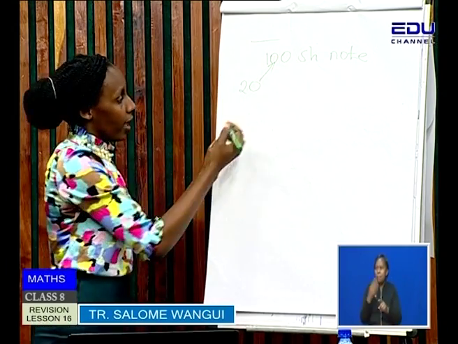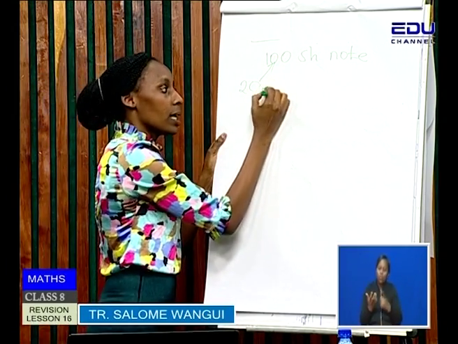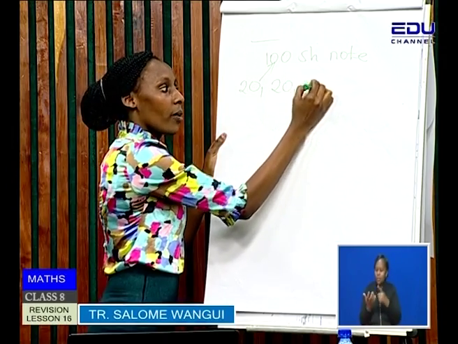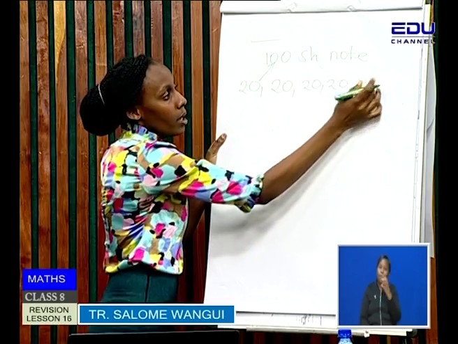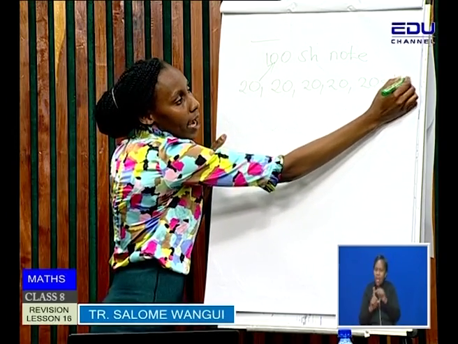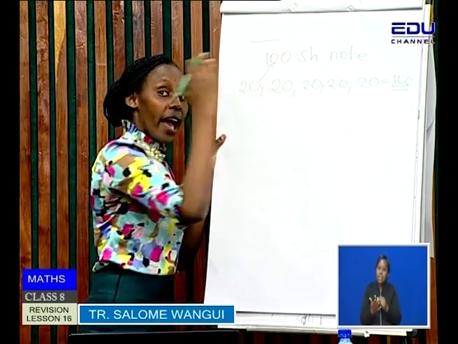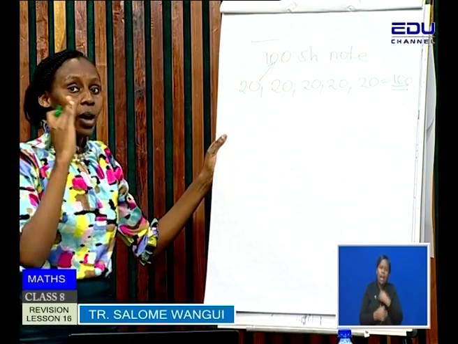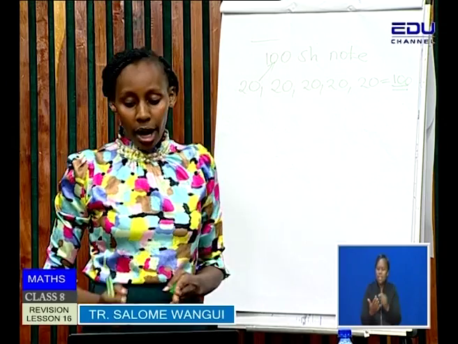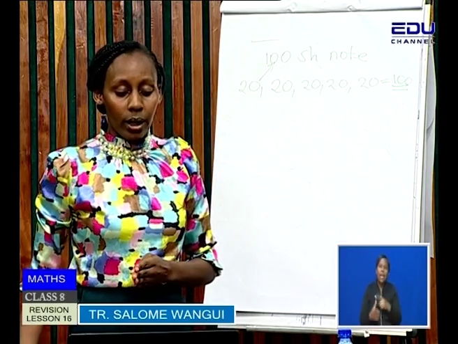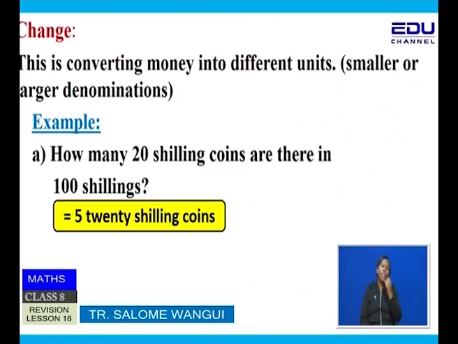Then I have to count 20, another one, another one, another one, and another one. 5 of them. When I add them, I'm going to get 100 shillings. So if I have a 100 shilling note and you have 5 20 shilling coins, Lana, then you will have the same amount as the one that I have.